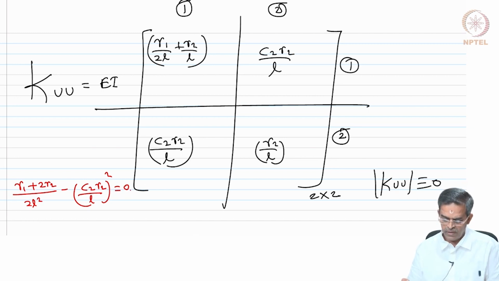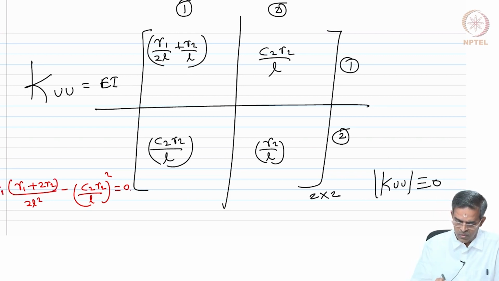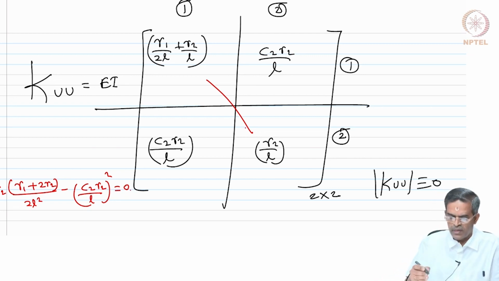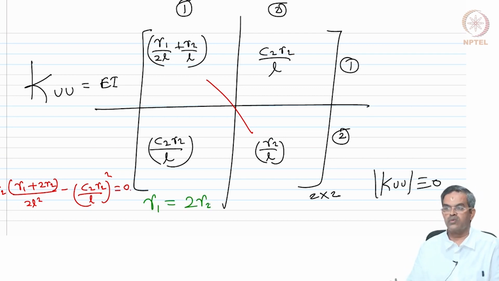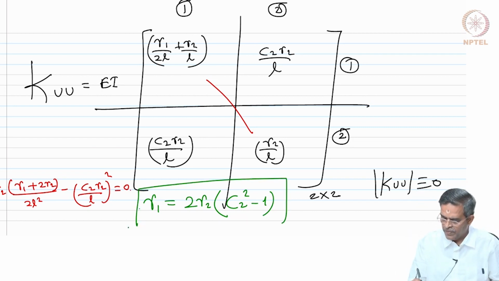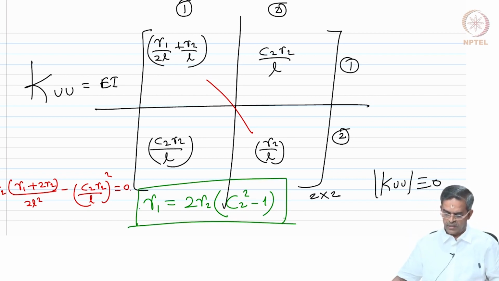So, this gives me the expression R1 plus 2R2 by 2L square into R2, because we have to take this product, minus this, set to 0, which gives me the characteristic equation as R1 equals 2R2 times C2 square minus 1. This is what we call my characteristic equation.